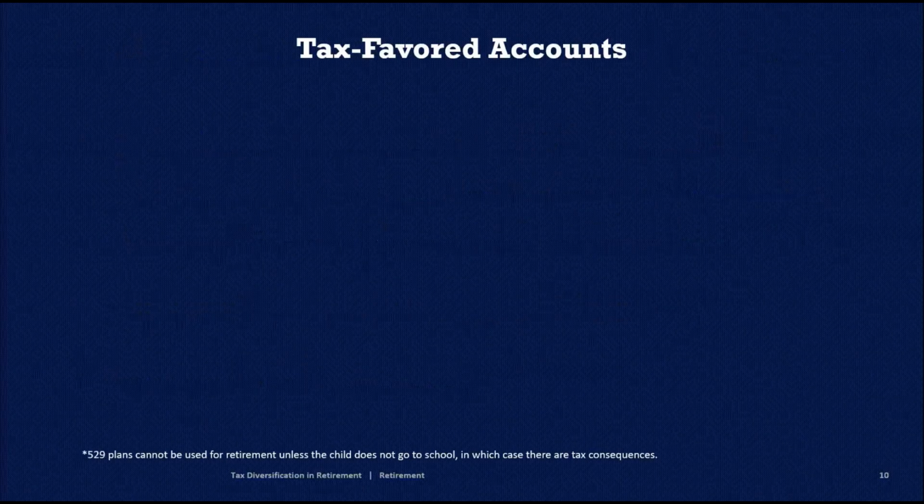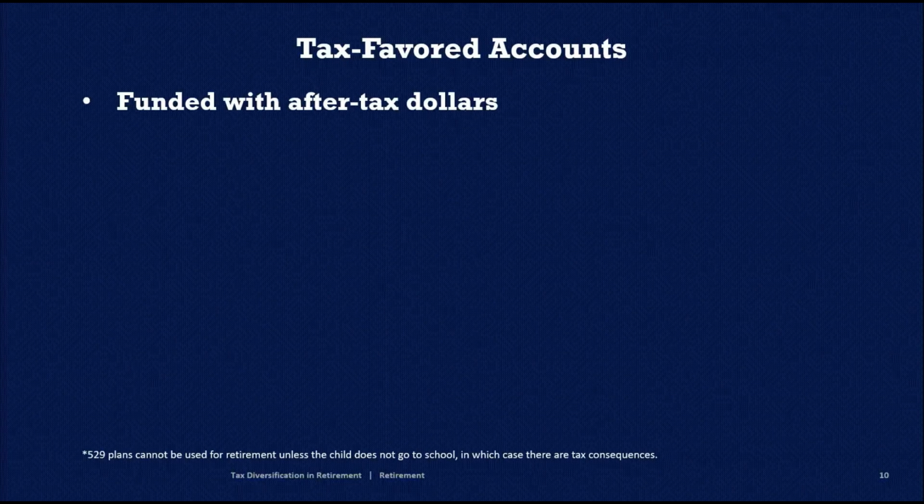The other type of account that we talk about are tax-favored. So those are tax-deferred. We have tax-favored accounts. So let's walk through how these work. These are funded with after-tax dollars. That's why they're not called really tax-free, because you have to pay the tax sometime, and we pay the tax today. So remember how I said we are historically in low tax brackets today.